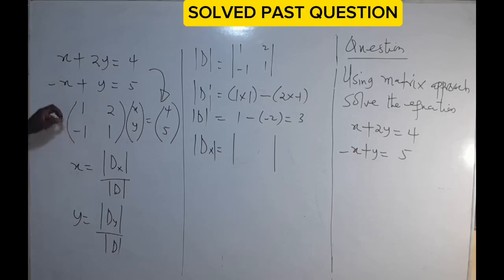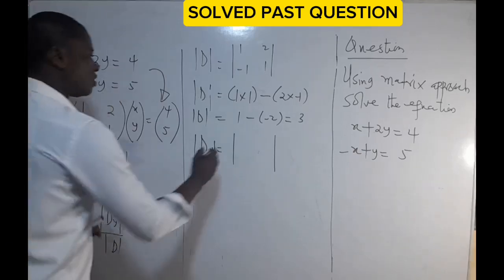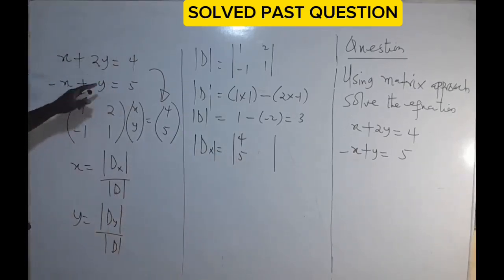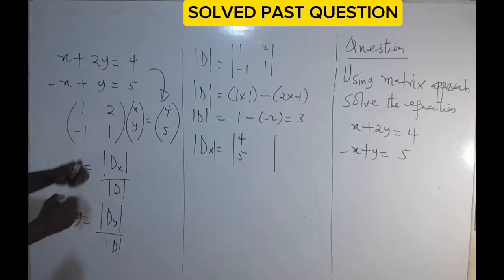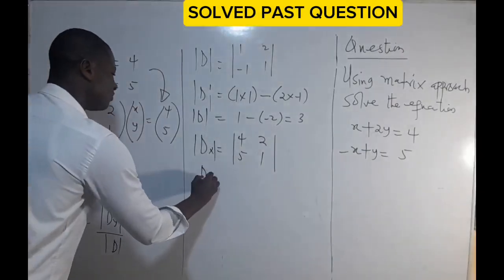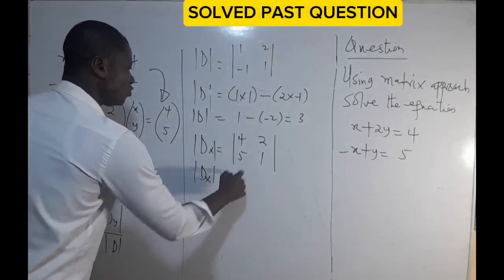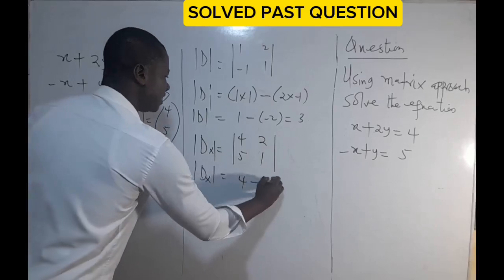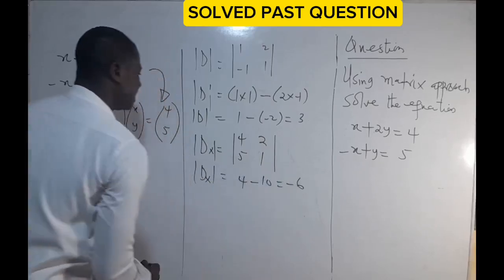Now, you substitute that by the constants. So instead of 1 and minus 1, you substitute 4 and 5. But the coefficients of the y term will be the same, that is 2, 1. So you keep the 2, 1 here. So how do you find the determinant? This will be equal to 1 times 4, which gives us 4, minus 5 times 2, which gives us 10, and 4 minus 10 is minus 6. So we are done with that.